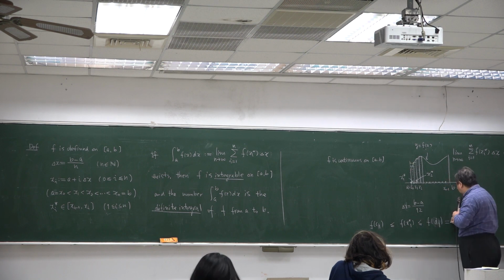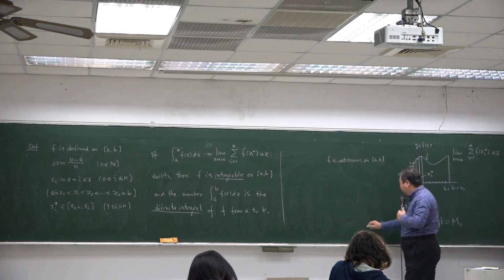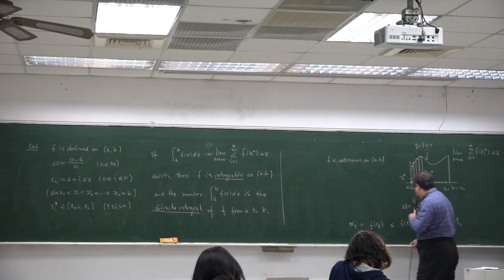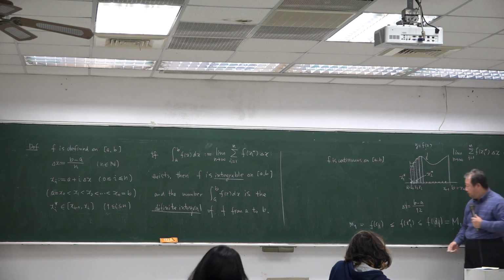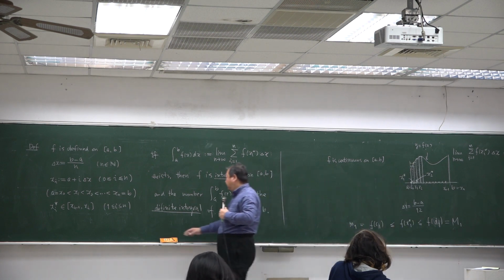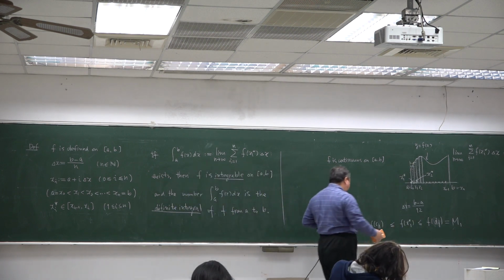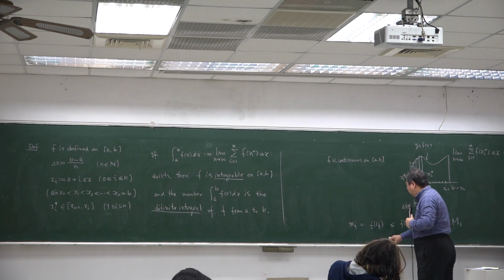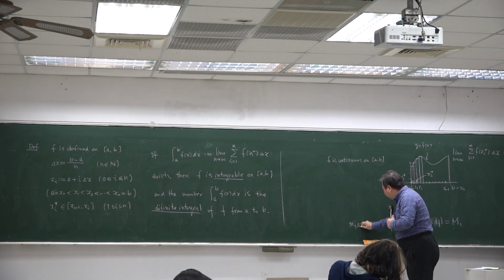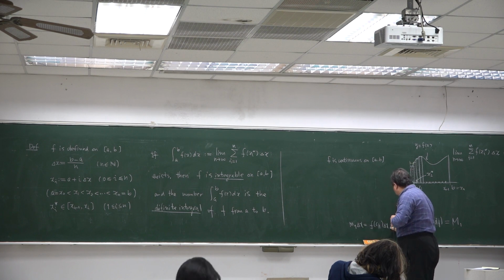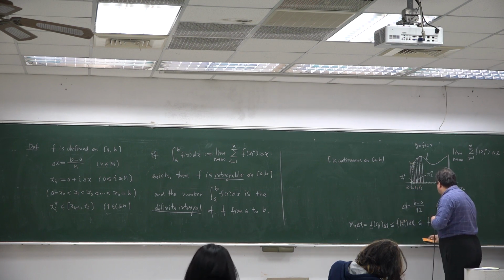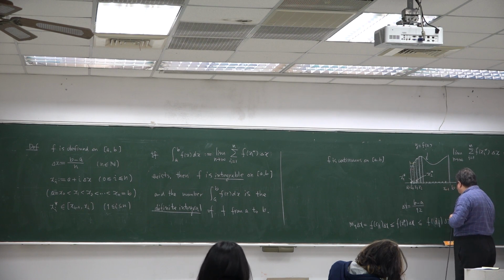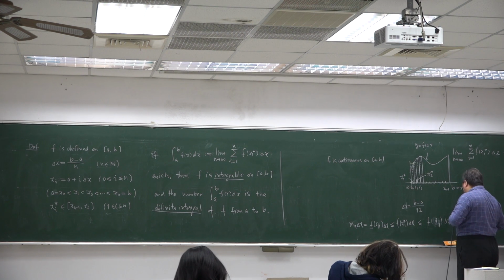Okay, for simplicity, we call this M1. The minimum is lowercase m1. Then multiply by delta x simultaneously.